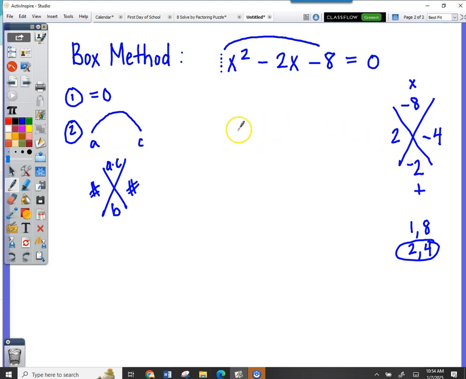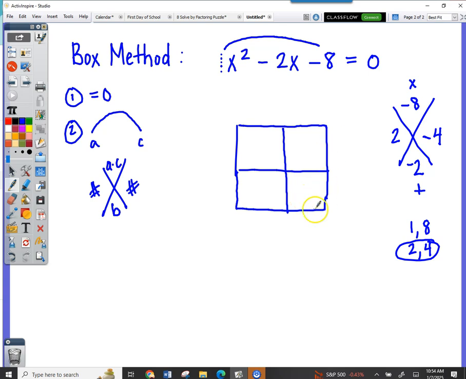Here we go. Draw your box. I'll try and make mine a little bigger so you can see. And let me fix that. That is slightly off.